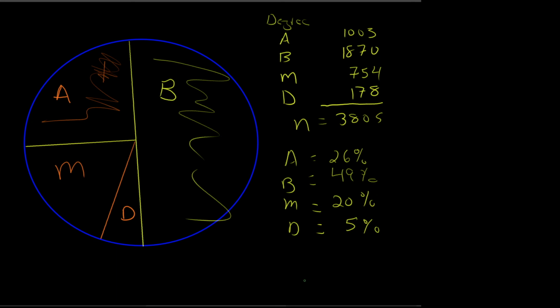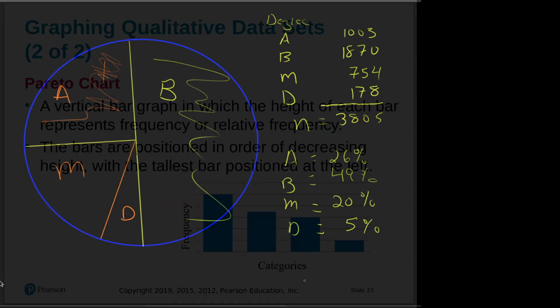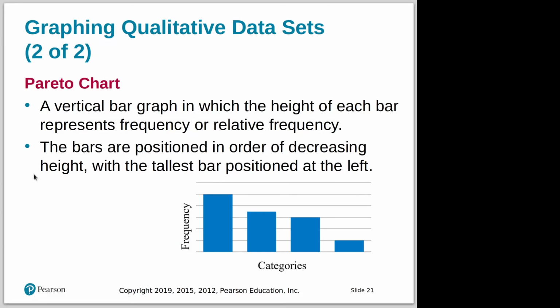So what you do is you have your different categories and you let the frequency be the height. You start with your highest and you work your way down, ordering from the greatest amount of things to the least. It's similar to a histogram, but because we're recognizing that these are qualitative data and that they're numerically not related, we make sure we have the gaps in them.